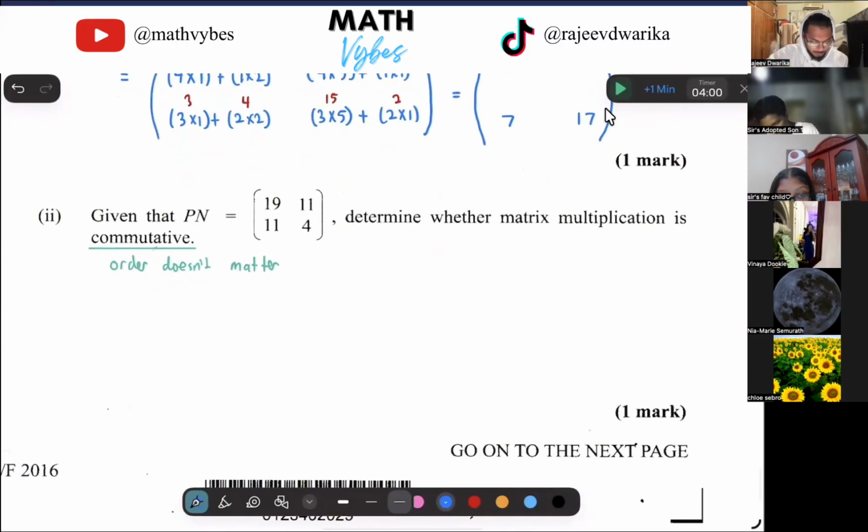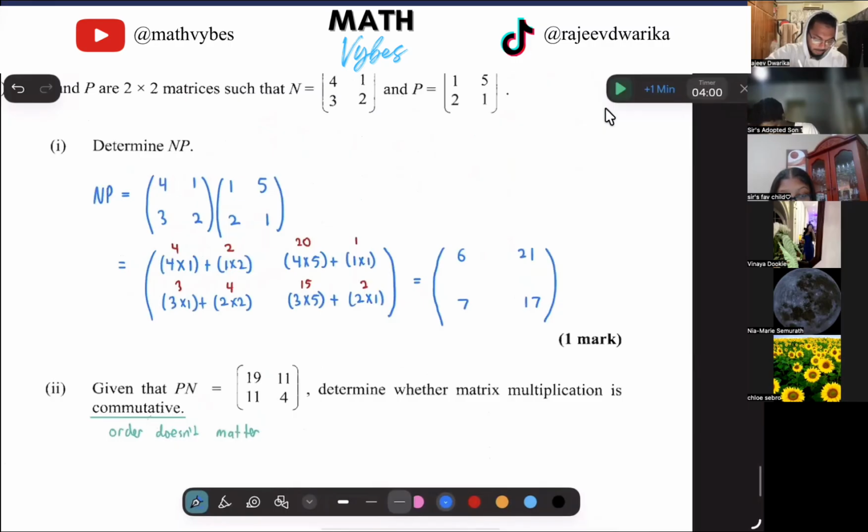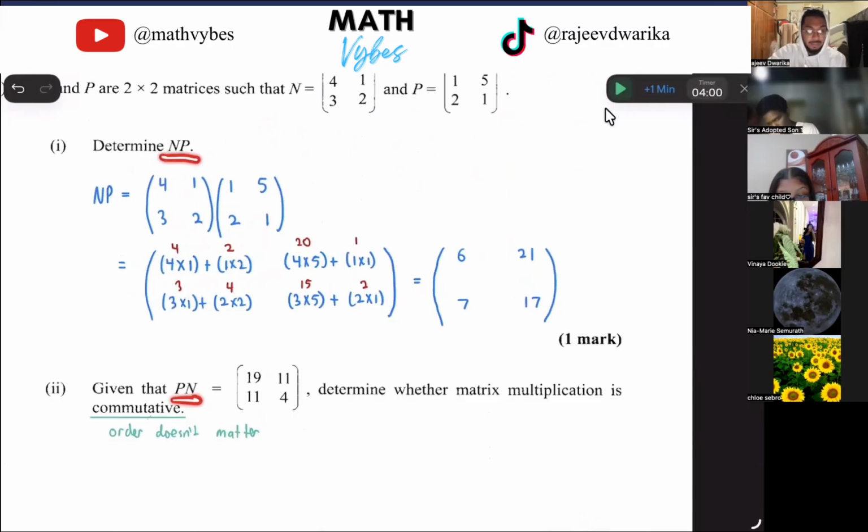And help me with part 2. I'm given that PN equals 19, 11, 11, 4. Determine whether matrix multiplication is commutative. Right. So commutative means that the order doesn't matter. So if the order didn't matter, PN is supposed to give me NP.